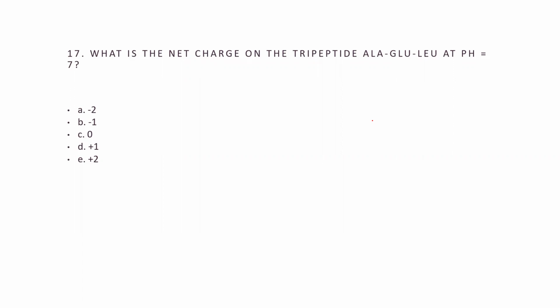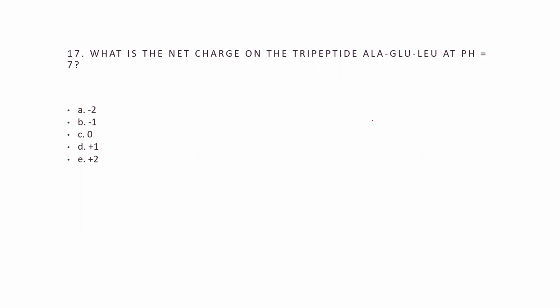Leucine, I believe, is non-ionizable. There's another L. What's the other L? Yep, lysine would be 12. Okay, anyone got an answer yet?